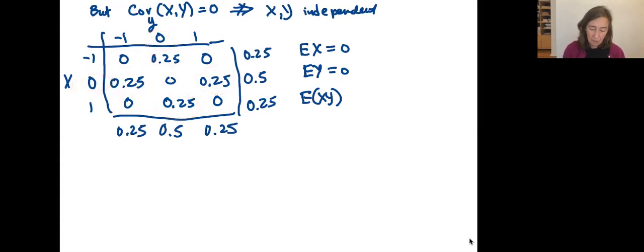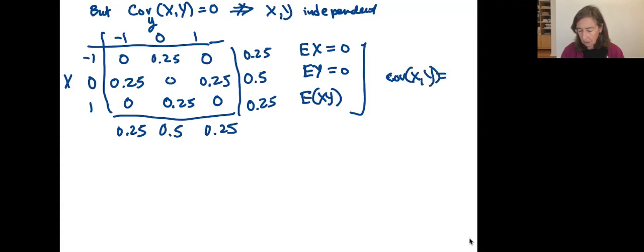So all of this is enough to let us know that the covariance equals 0. We would have the expected value of the product is 0 minus the product of the expected values, which is also 0. 0 minus 0 is 0.